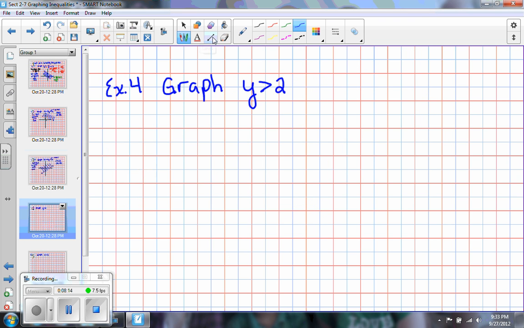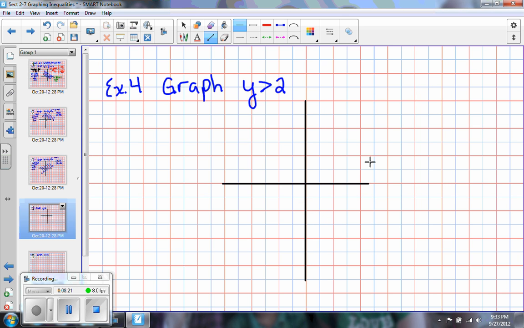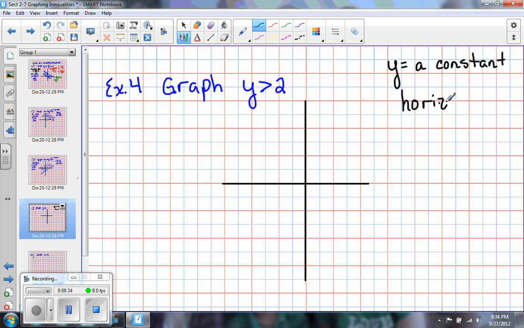The next example is kind of special. And this is one, hopefully you remember, as I've told you, you just really need to memorize this, that when you have y equals a constant, remember that this is a horizontal line. And if you remember that, things will go easier for you. So I'm going to plot the point 0, 2 because it's a horizontal line that goes through that point.